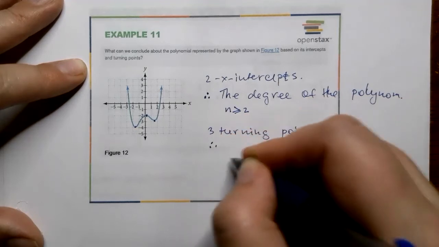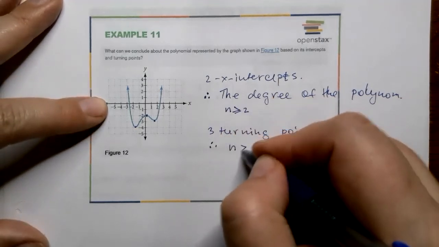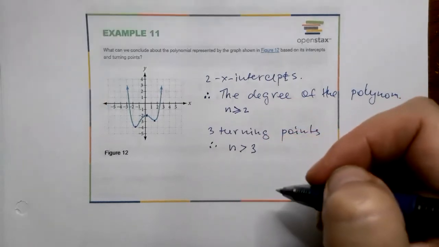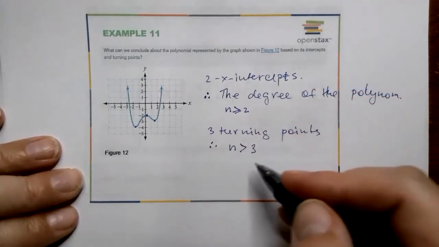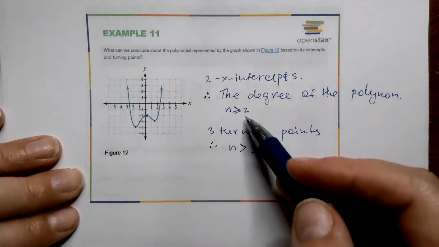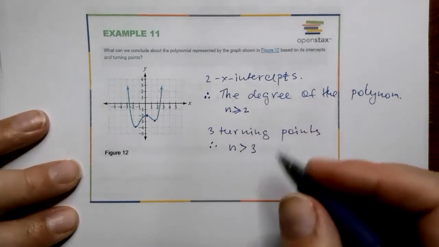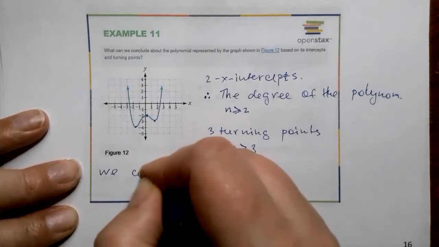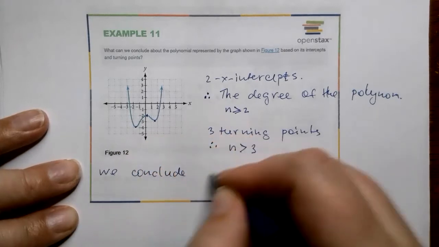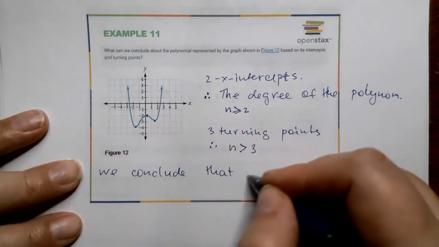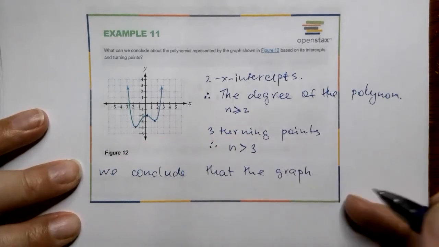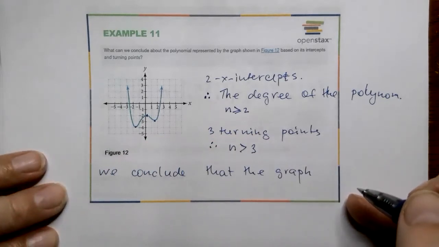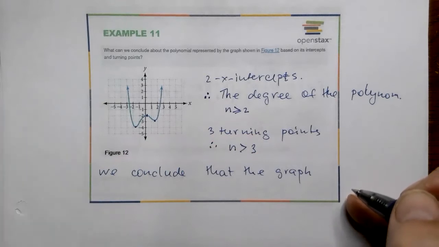Which means that the degree of the polynomial is actually greater than 3, because remember, for the turning points, it's at most 1 less than the degree of the polynomial. So it cannot be 2 then. It could be 4 or more. So we conclude that the graph represents a polynomial function of even degree, 4 or higher.